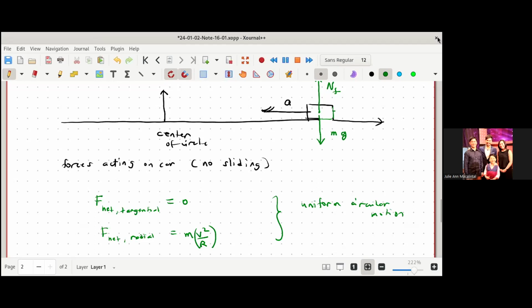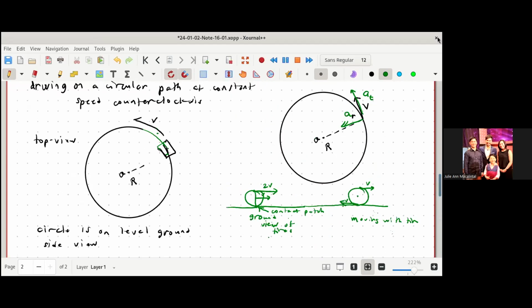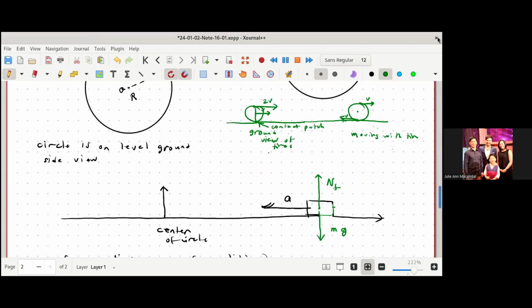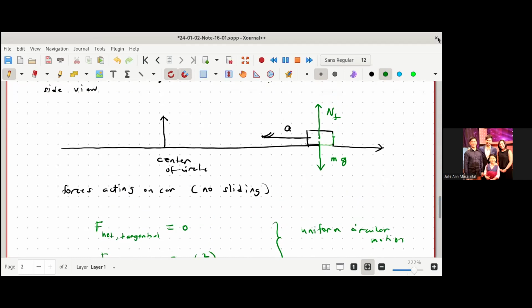Ngayon, paano mangyayari na ang tangential force ay 0? That means friction should not be acting in the same direction as the velocity. From our free body diagram, yung normal force, hindi siya mag-contribute towards the circular motion kasi perpendicular siya dun sa acceleration. Gravity also does not contribute.